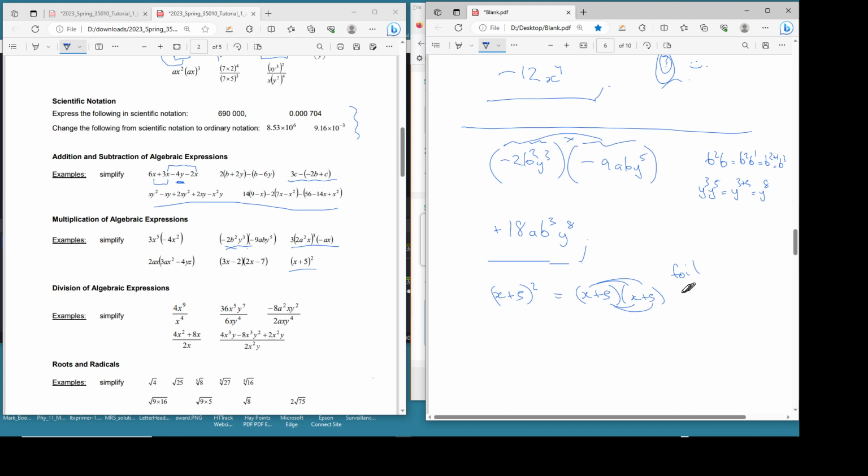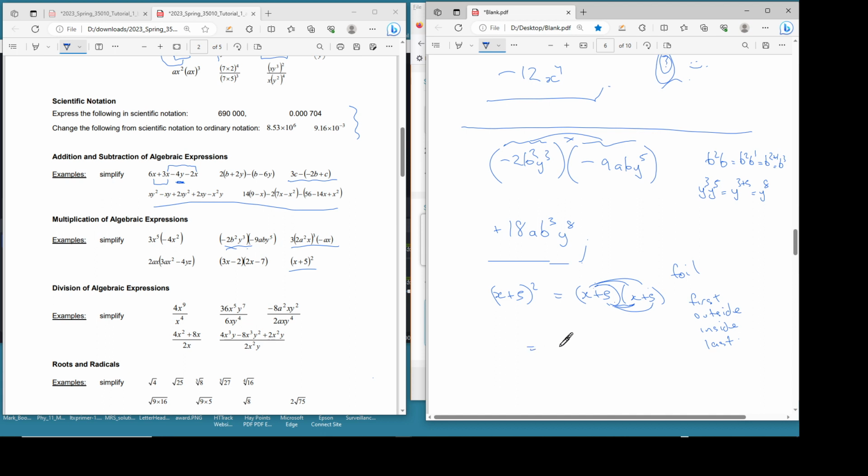So FOIL. So we've got first, outside, you may not have seen this, inside, last. Okay, first terms, outside terms, inside terms, last terms.